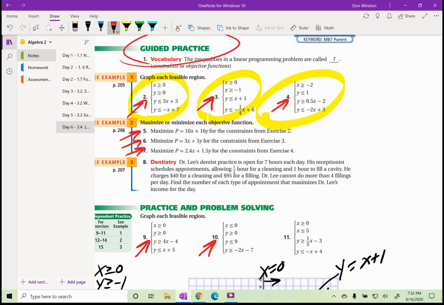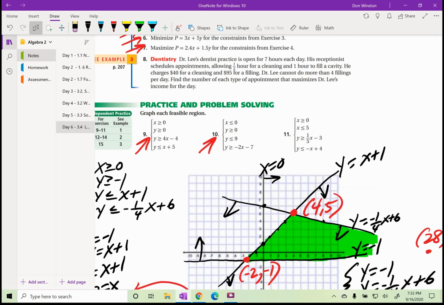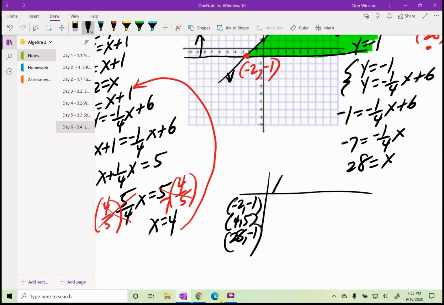Number 6 says minimize p equals 3x plus 5y for constraint number 3. So p equals 3x plus 5y. We have to minimize, so let's find it.